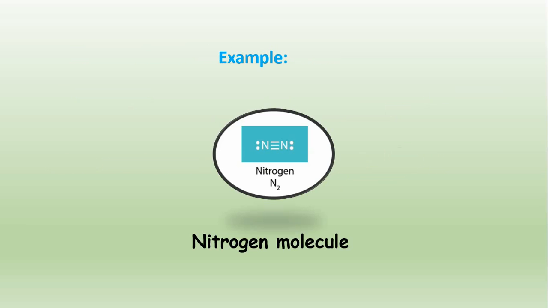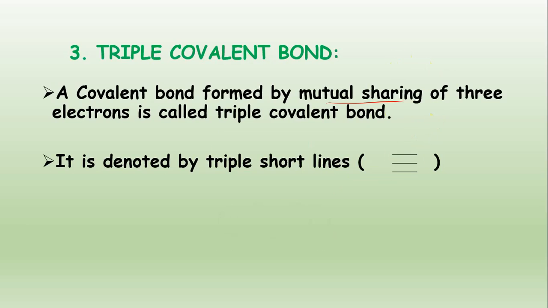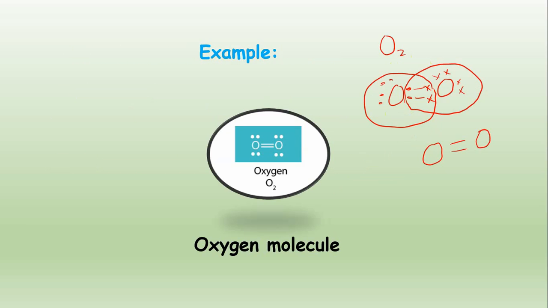Now look at the example. N2 molecule, nitrogen. One nitrogen has 5 valence electrons, and these diagrams are called dot and cross diagrams.